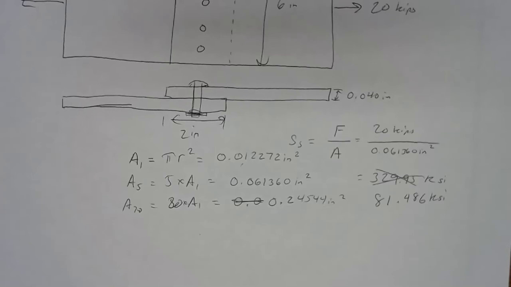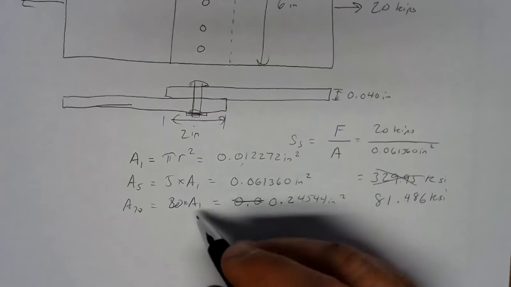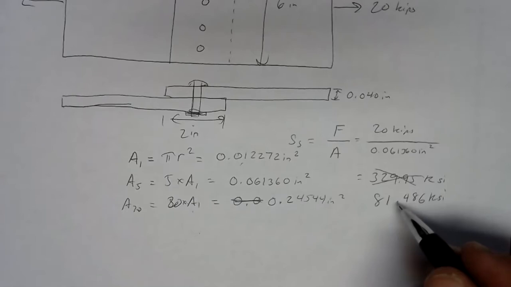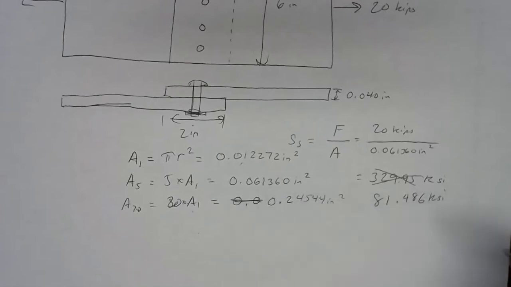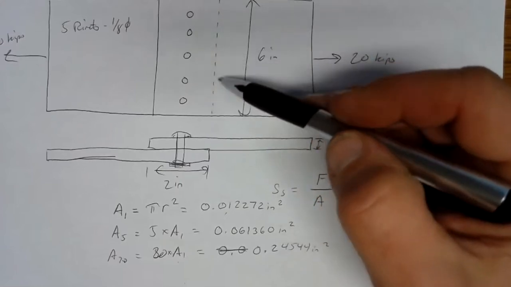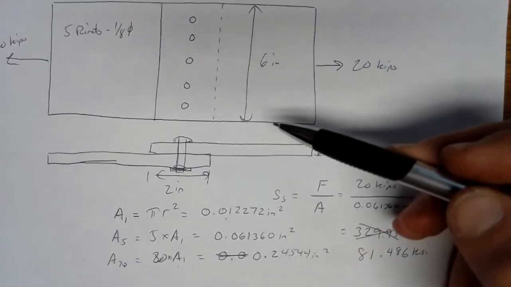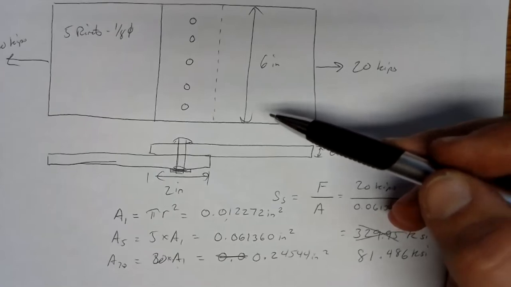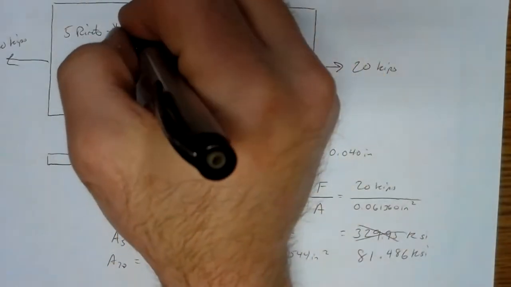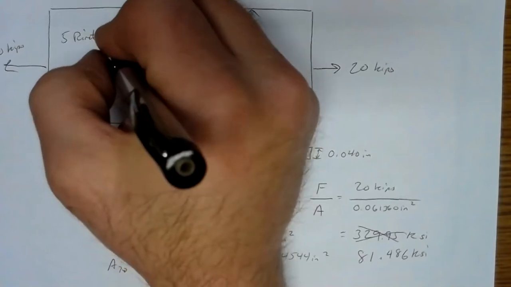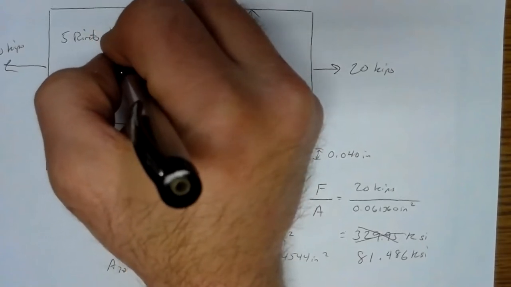So maybe we go to 40 rivets. Well, if we double the number here, we kind of expect half of the stress. If you double the area, half the stress, 40 rivets wouldn't even do it. And it may be getting awfully crowded in this 6x2 inch lap joint to try to drive 40 rivets in there. So maybe we don't use 1/8 inch rivets. Maybe we go to 5/32 rivets.